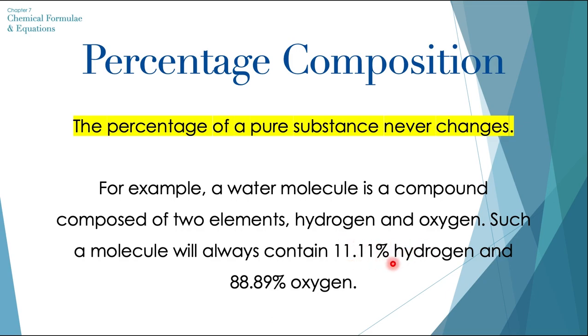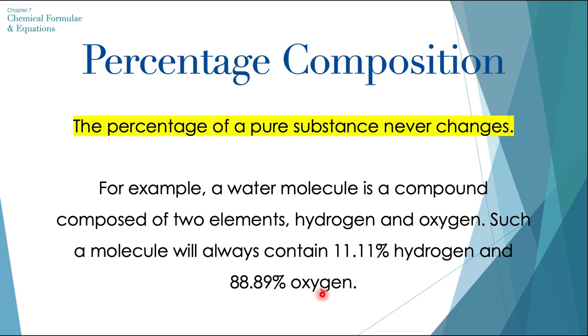The percentage composition doesn't vary. This 11.11% hydrogen and 88.89% oxygen is equally true if we take our sample of water from New York, New Delhi, or New Zealand. Even the small quantities of water moisture found on the moon have the same percentage composition. The chemical composition of a compound is fixed and never varies.